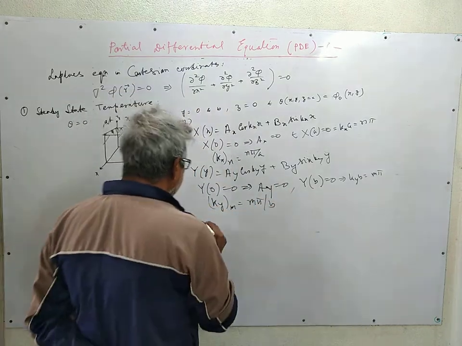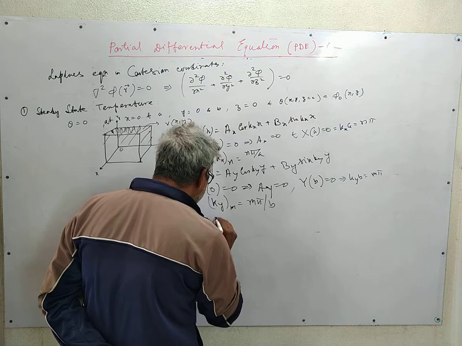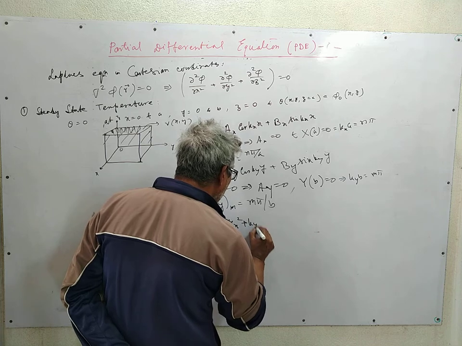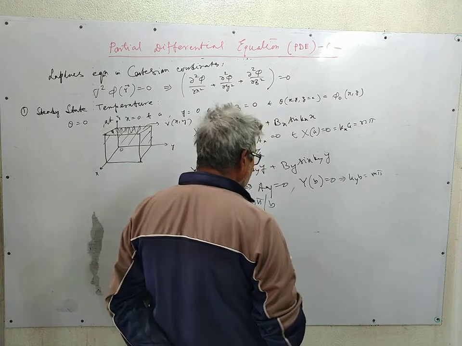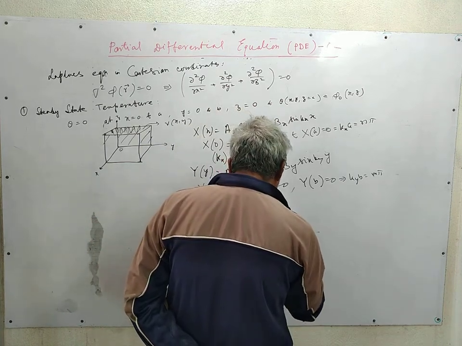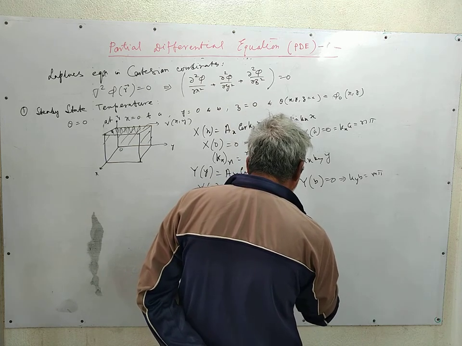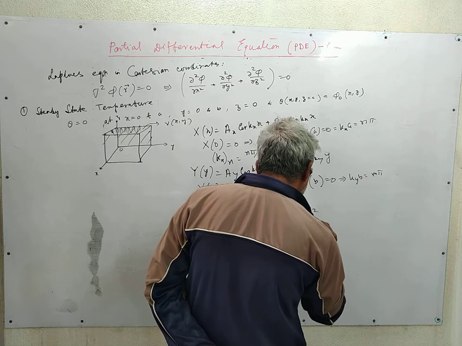So that kz square is equal to kx square plus ky square is equal to pi square times n square by a square plus m square by b square.